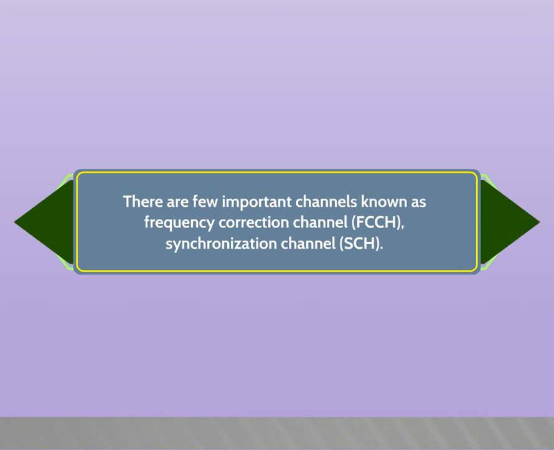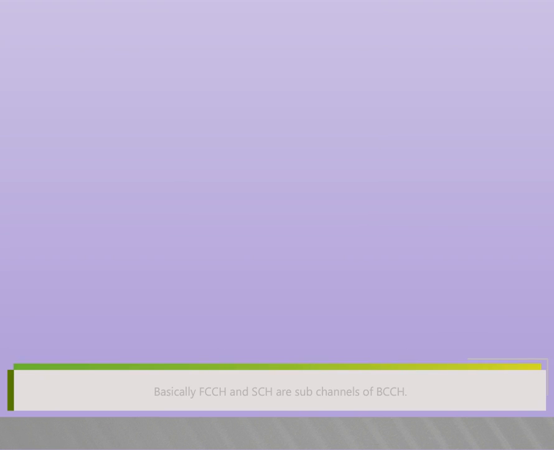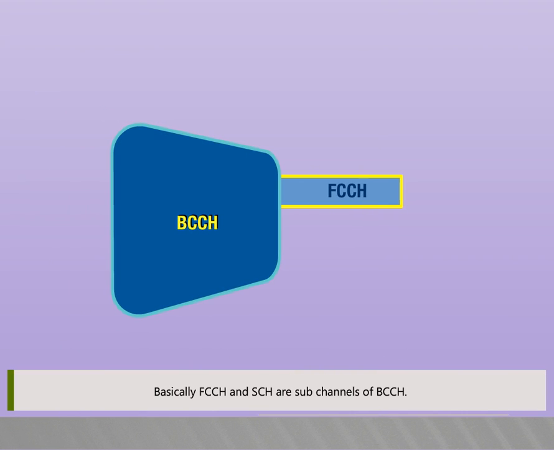There are few important channels known as Frequency Correction Channel, that is FCCH, Synchronization Channel, that is SCH. The FCCH is used for frequency correction information by BTS. Basically, FCCH and SCH are subchannels of BCCH.